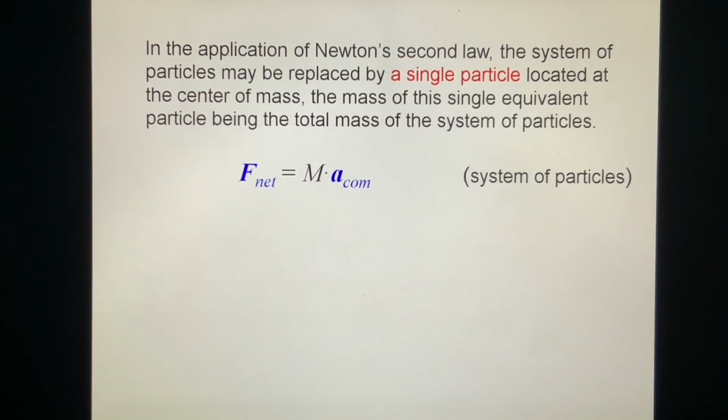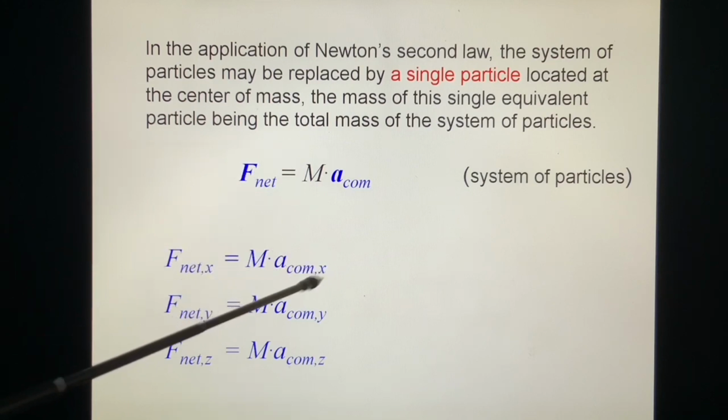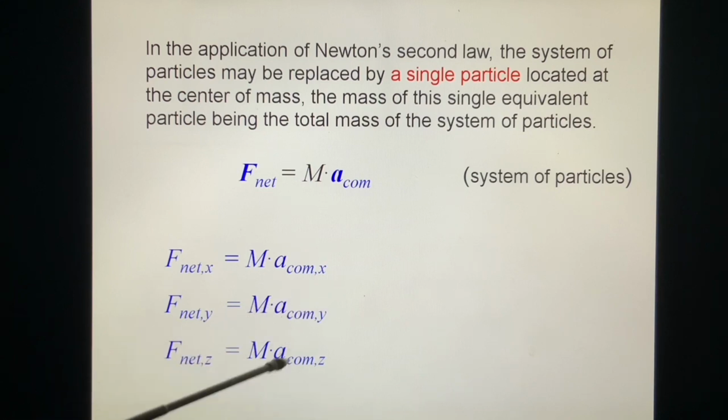We rewrite this in three components, which are independent of each other as before. Sigma F_x equals M a_x, sigma F_y equals M a_y, sigma F_z equals M a_z.